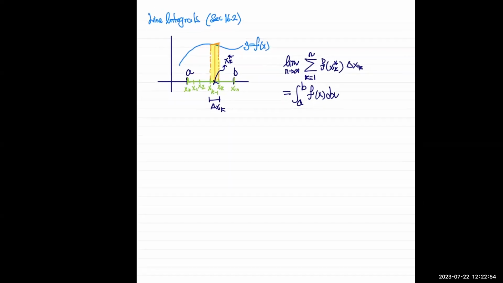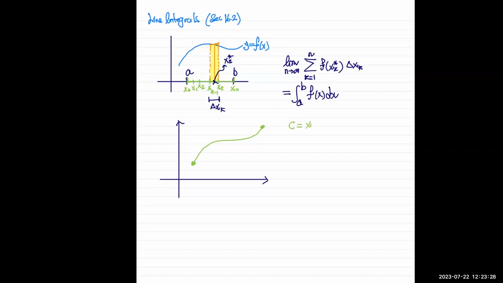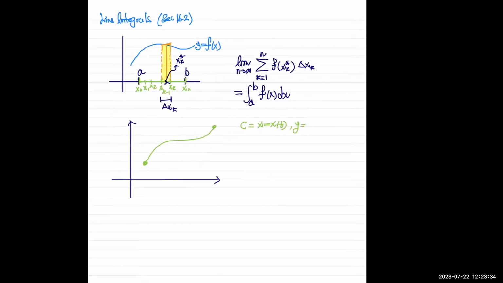Okay, so what we do is instead of taking the interval a to b and breaking it into sub-intervals, we take a curve. So this is some curve. It is a parametric curve. Okay, so C here is given by x equal to x of t, y equal to y of t.